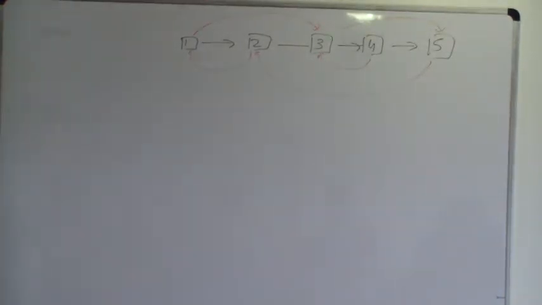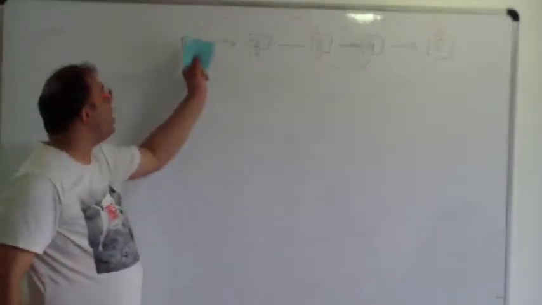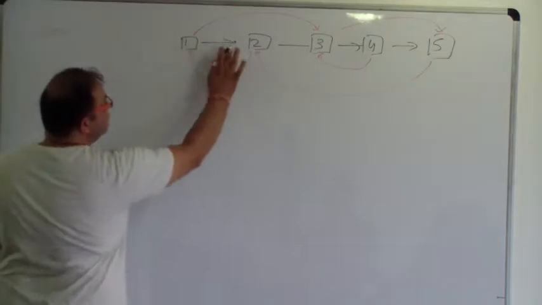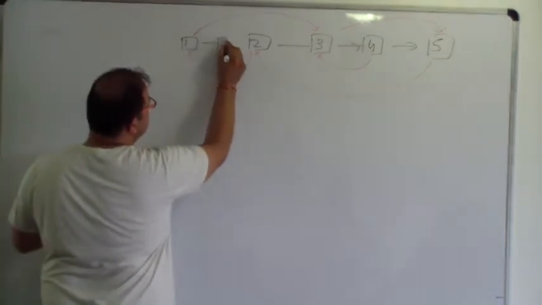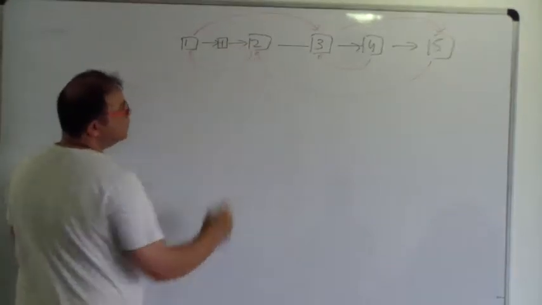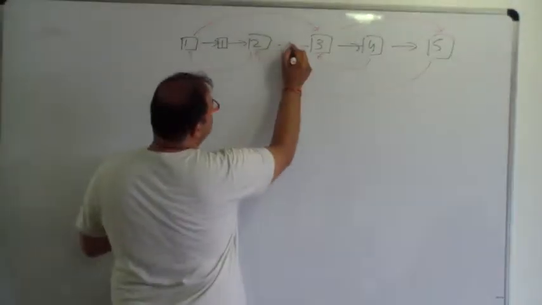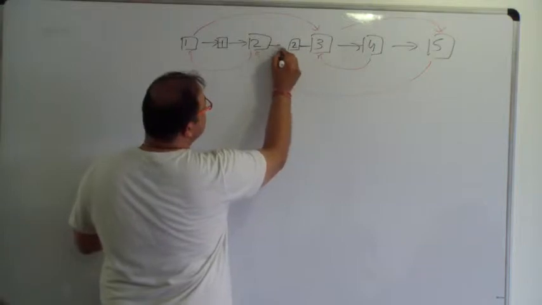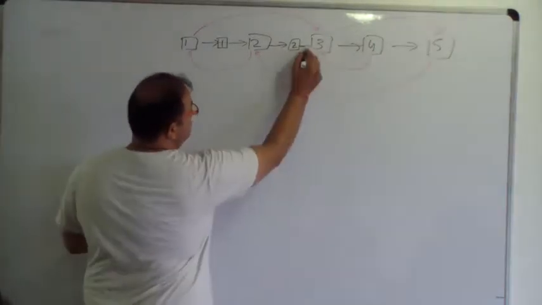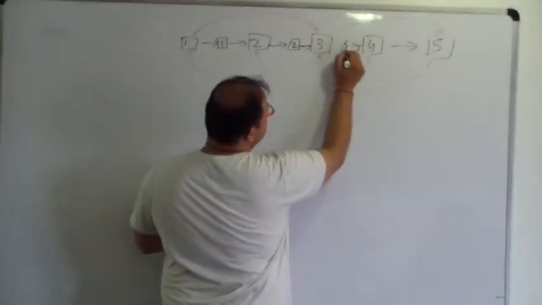Now what we do is we actually modify this list and add new nodes after everything. So after 1 we will add a 1 again, and this will point to the next one. After 2 we add 2 again, pointing to the next one. After 3 we add 3 again.